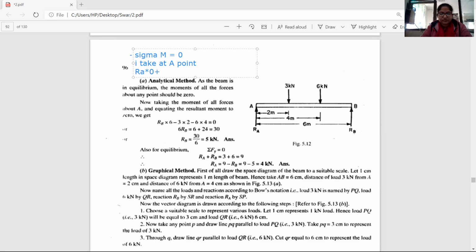Then plus 3 multiplied by 2. Why this 2? Because the distance from point A to this force 3 is 2. Moment is the magnitude of the force multiplied by the distance. So that is my moment, 3 multiplied by 2.